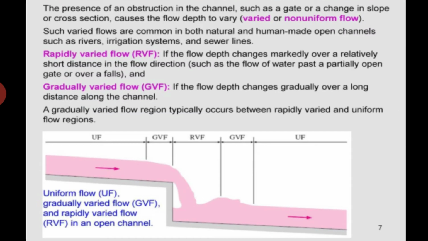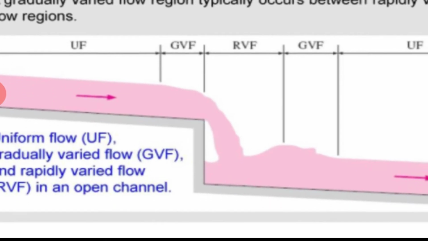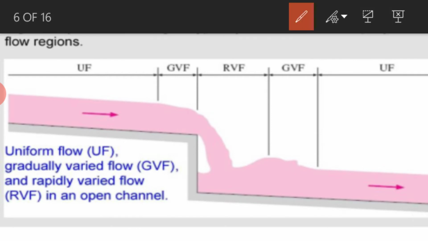Just look at the figure here. See, up to here it has been shown uniform flow. Wherever you take here, here or here, the depth was the same and it was representing a uniform flow.